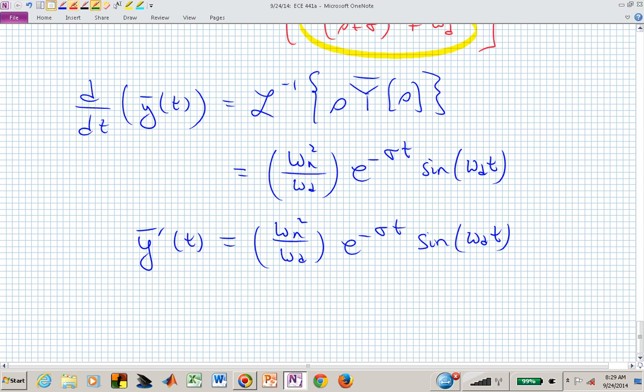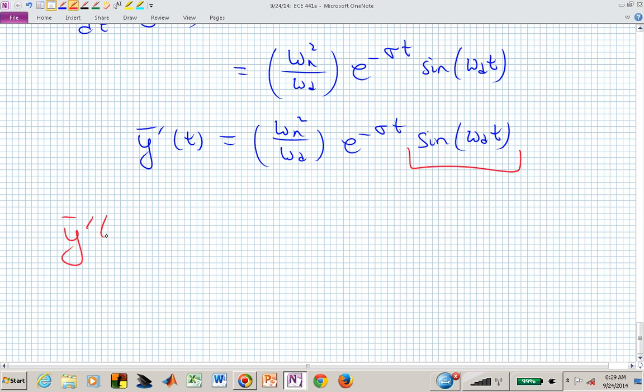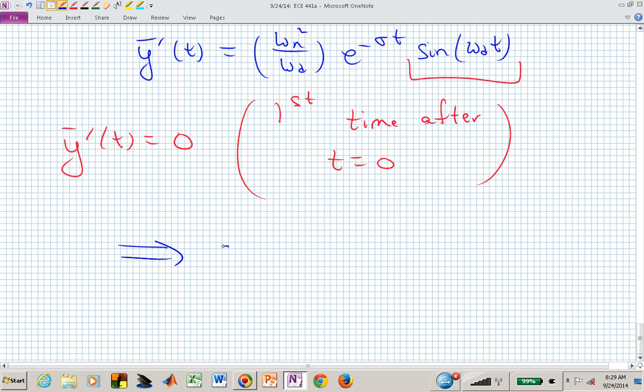This is the key piece: when we are setting y bar prime of t equal to 0, we want to know when is the first time that happens after t equals 0. Or we're now saying, find the smallest non-zero value of t that causes sine omega sub d t to equal 0.